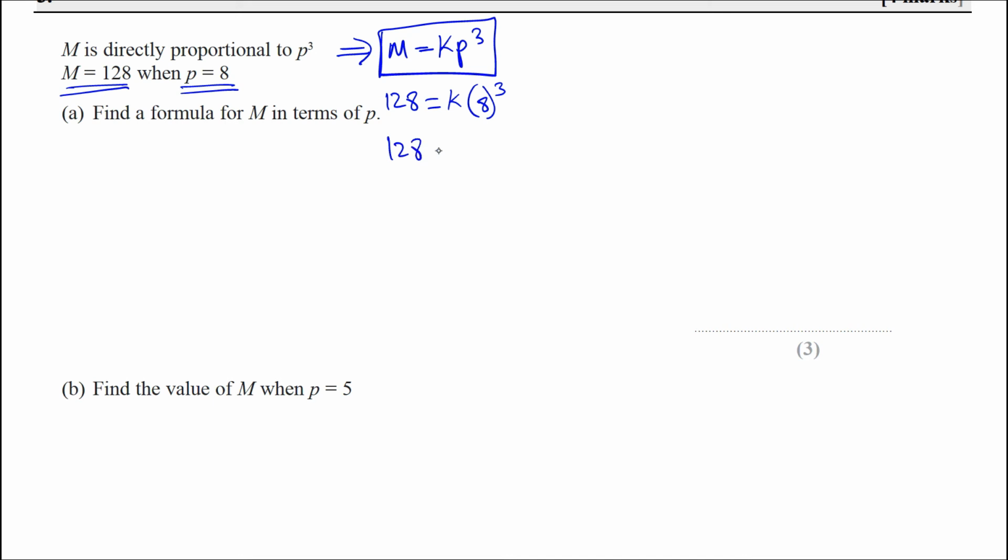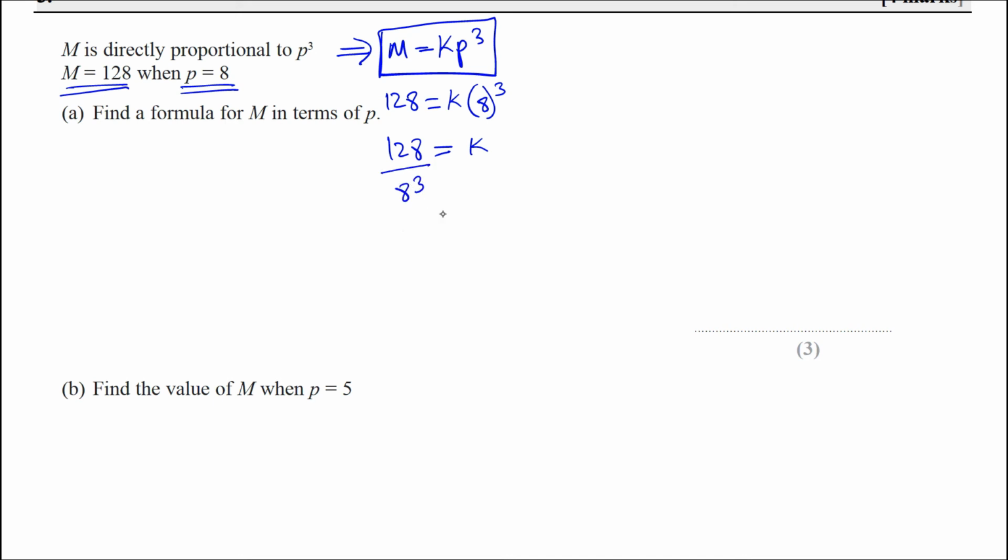So we can just solve for K here. So basically, K will be equal to, the opposite of multiplying by 8 cubed is just dividing by 8 cubed. So you end up with that.